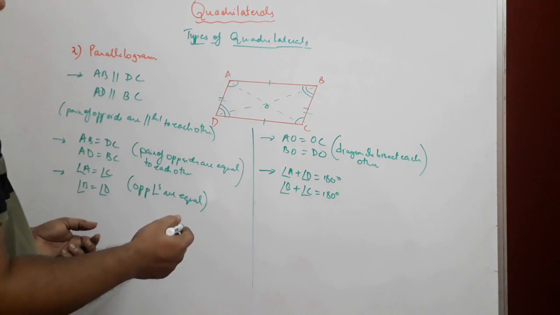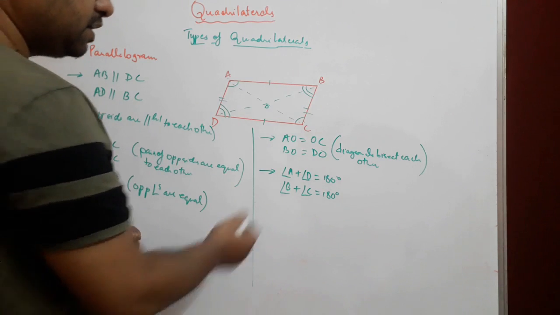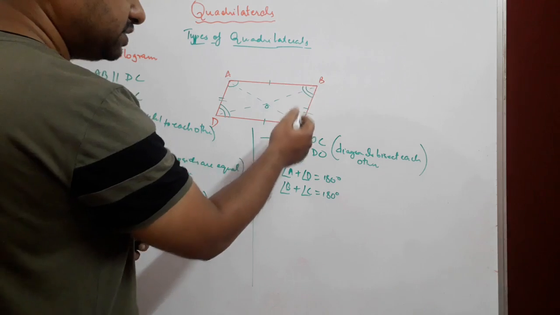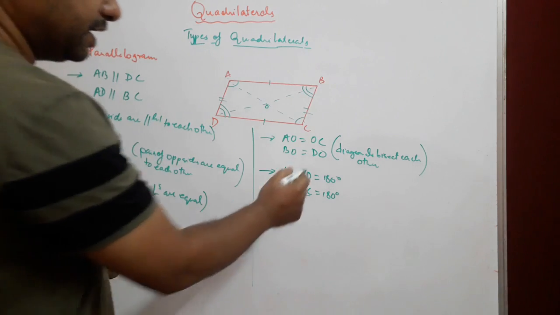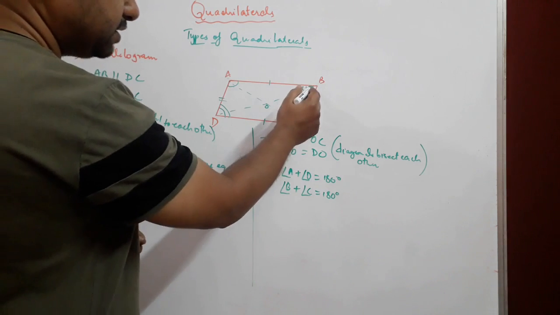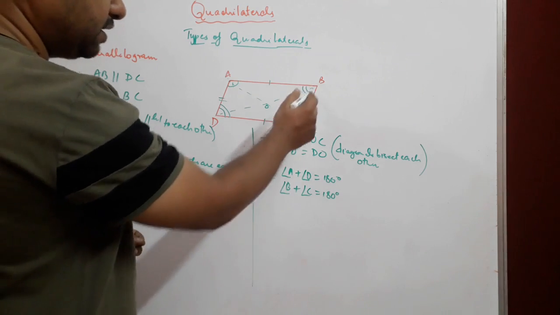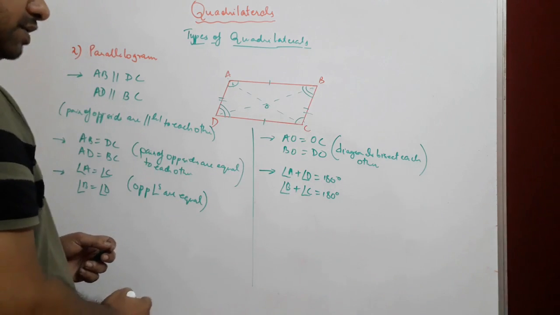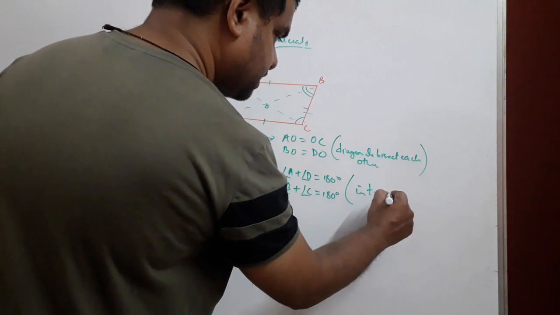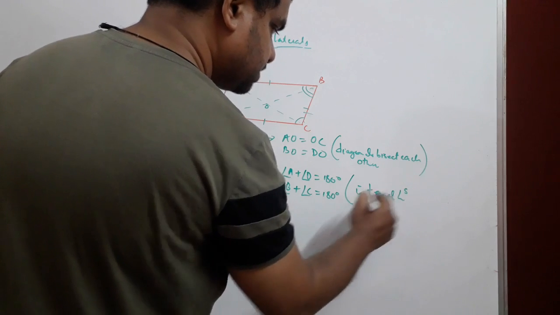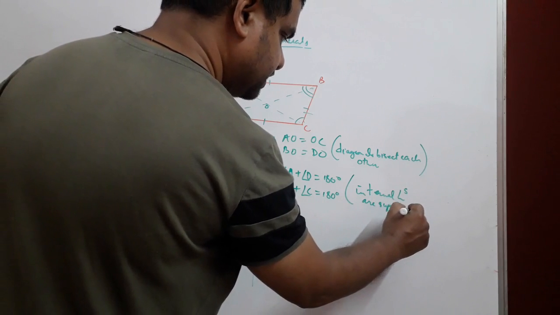We know a property where the transversal intersects two parallel lines, that internal angles on the same side of the transversal are supplementary, and hence angle A plus angle D is equal to 180 degrees and angle B plus angle C is equal to 180 degrees. So internal angles are supplementary, meaning 180 degrees.